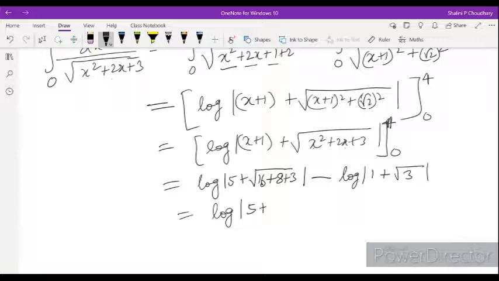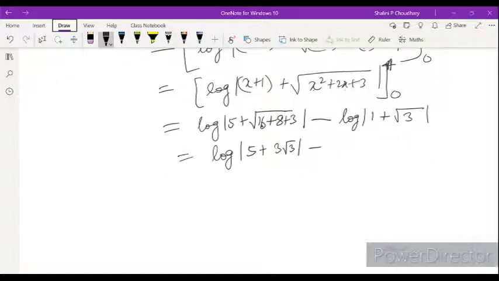So root of 27 we can write like this, and minus log of 1 plus square root of 3.